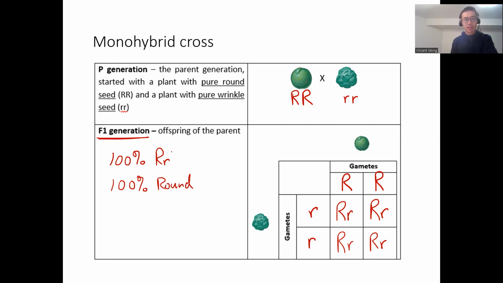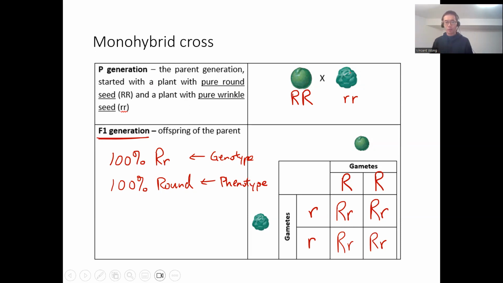So this is the genotype, and this is the phenotype. Genotype is the genetic makeup. Phenotype is what they look like. So in this case, if you take a pure round and cross it with a pure wrinkle, all the kids will be round.